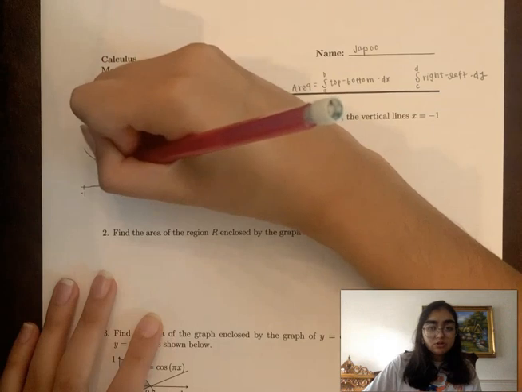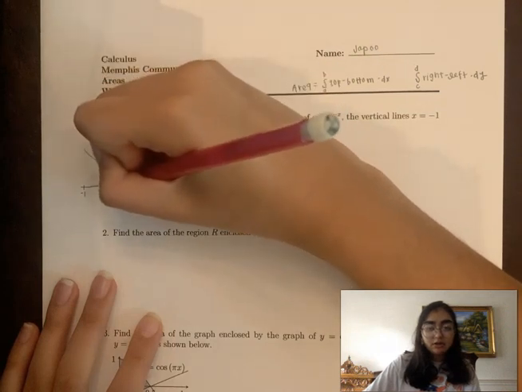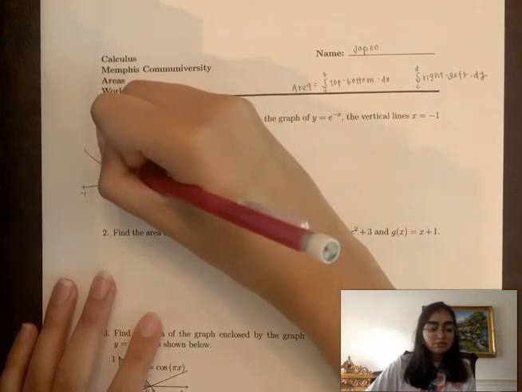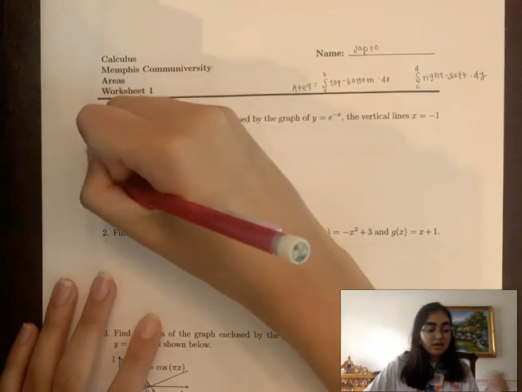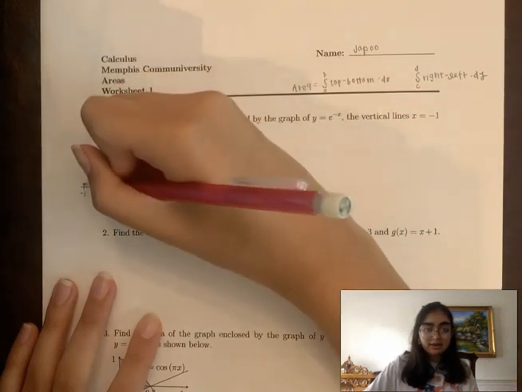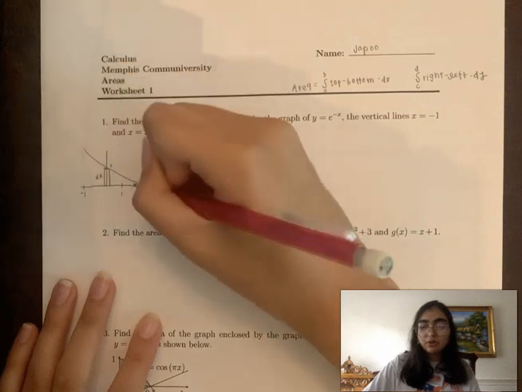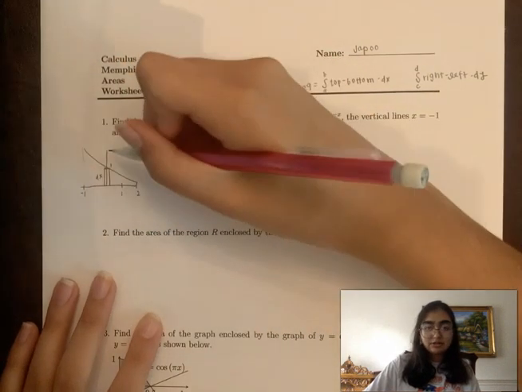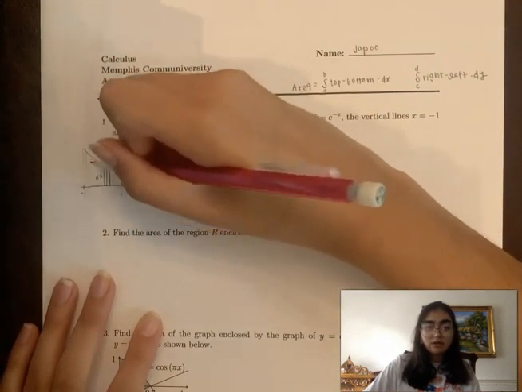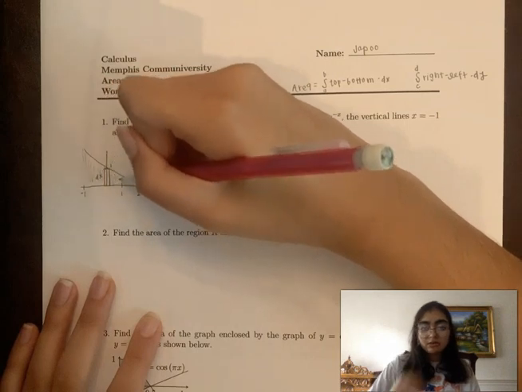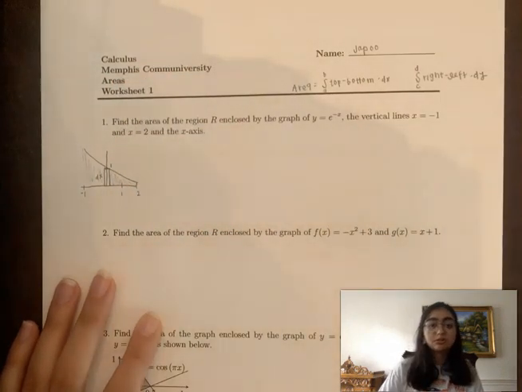So since we know that the area enclosed by the region is kind of in between e to the negative x and the x-axis, that's going to be the two functions that are enclosing my region. And as you can see, I drew a rectangle in between those two functions.